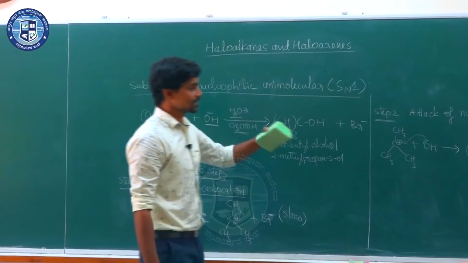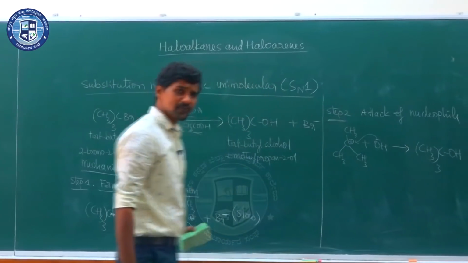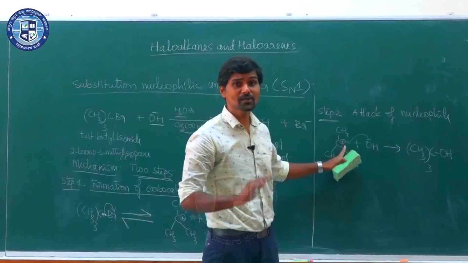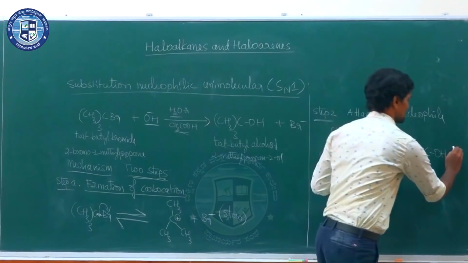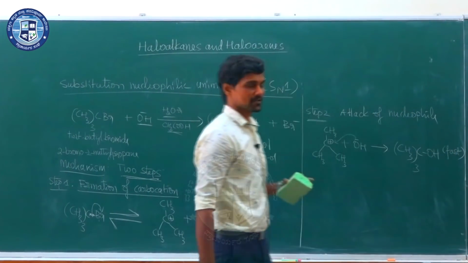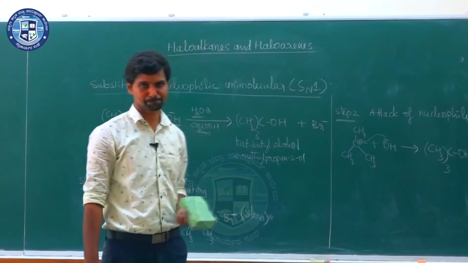And in the second step, as soon as the carbocation is formed in the first step, the nucleophile attacks on that. So there is no time lag, immediately you get the product, and therefore this step is fast. First step is the slow step and second step is the fast step.